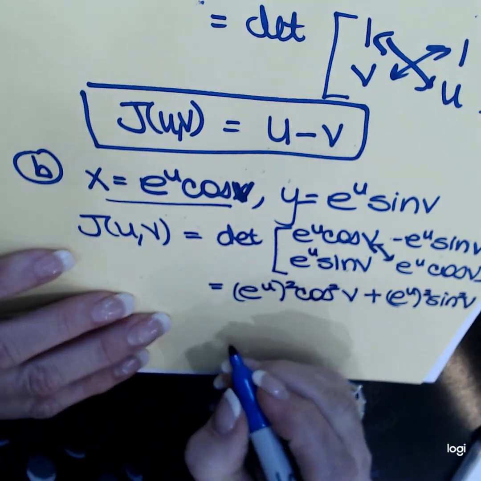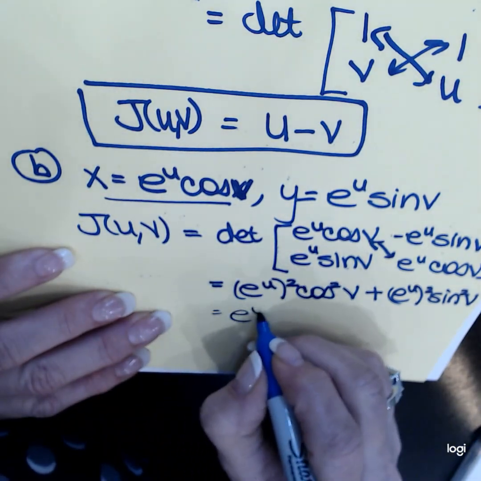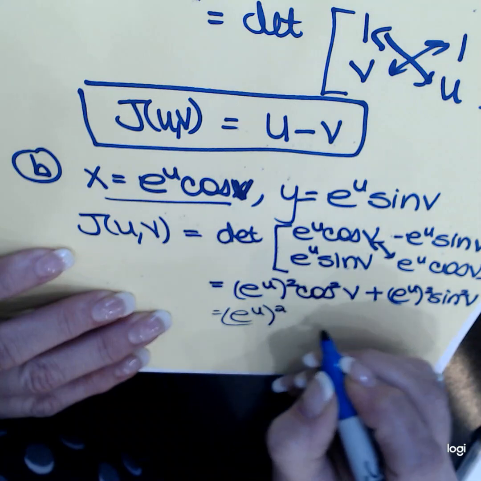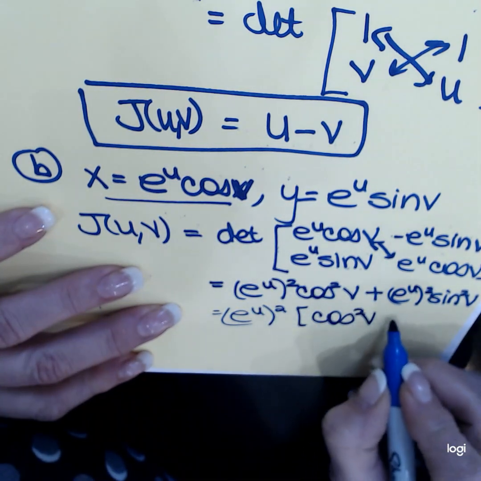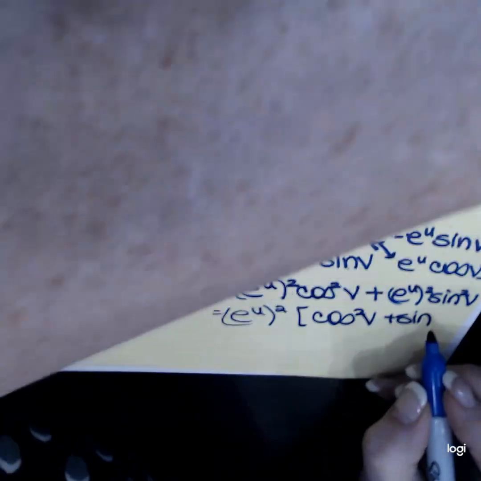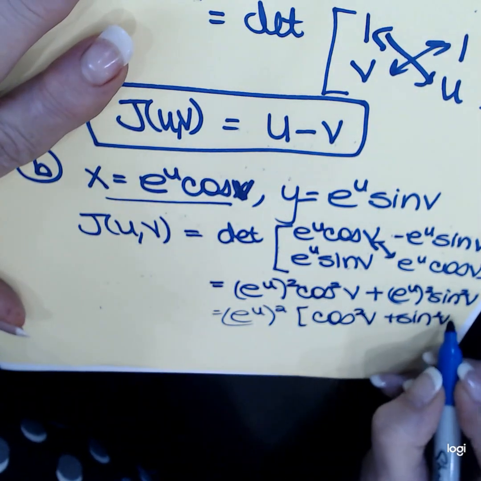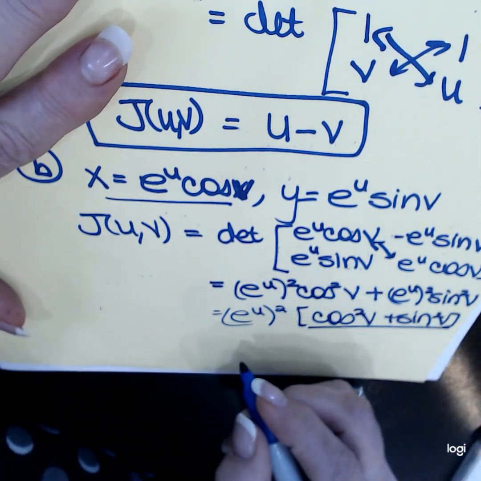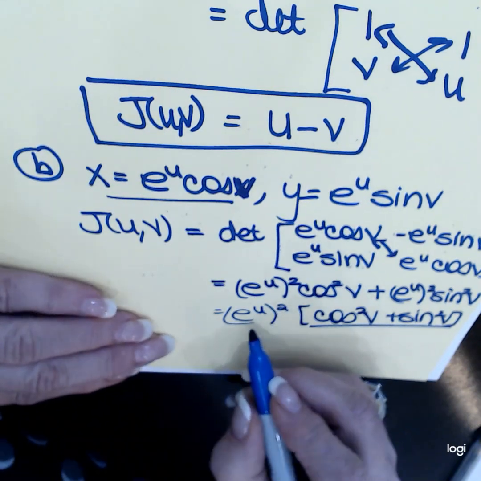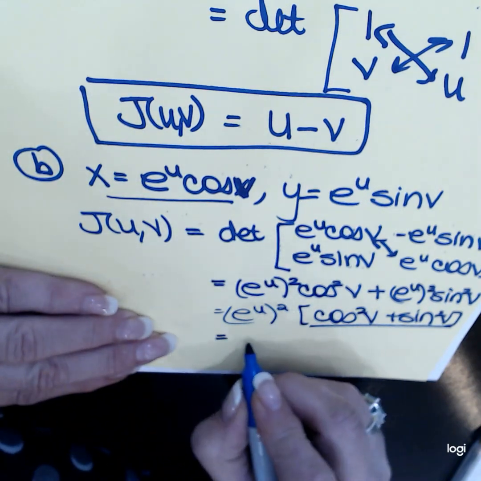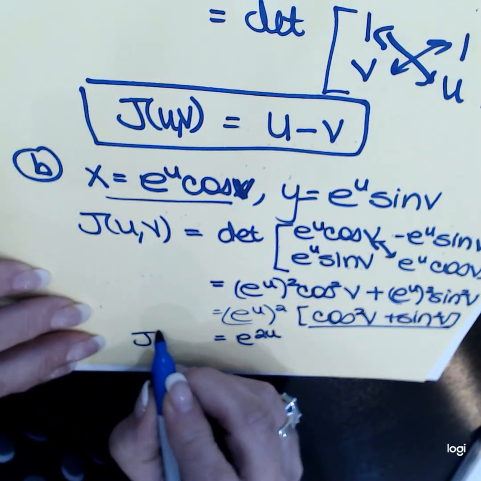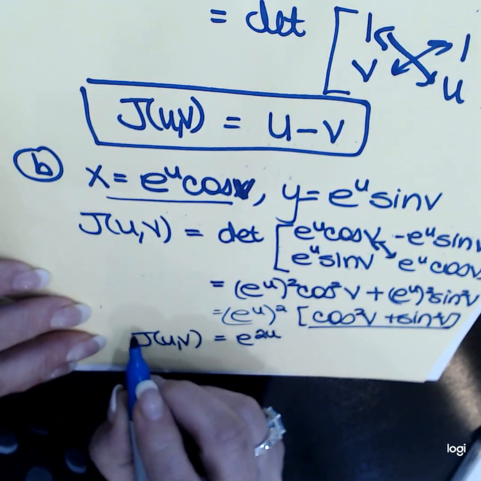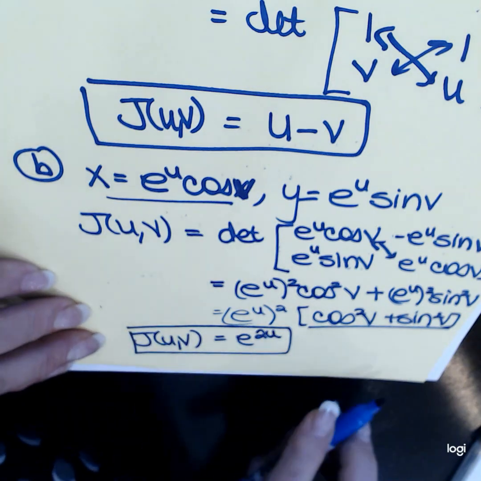And I can factor out an e to the u squared, which we'll talk about in a minute, and that would leave me with a cosine squared of v plus a sine squared of v, which of course we know goes to 1. And when we square e to the u, we multiply those exponents, so we get e to the 2u. So the Jacobian of uv is simply e to the 2u.